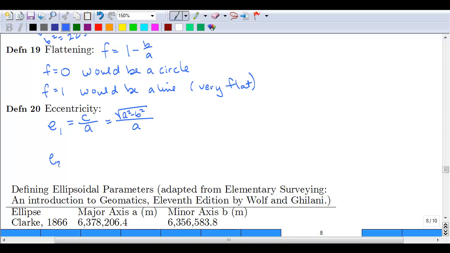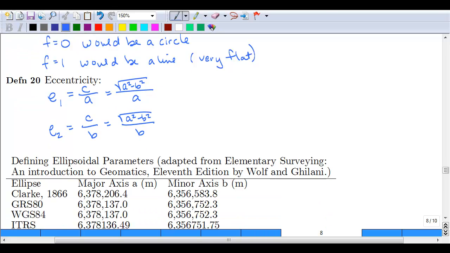The eccentricity for the minor axis is c compared to b. Most people only refer to the first eccentricity, but it is possible to also compare to your minor axis. If you plug in the formula for c, it would be the square root of a squared minus b squared, over b.